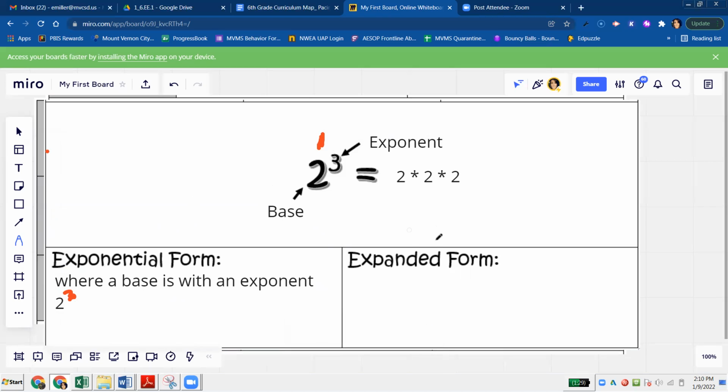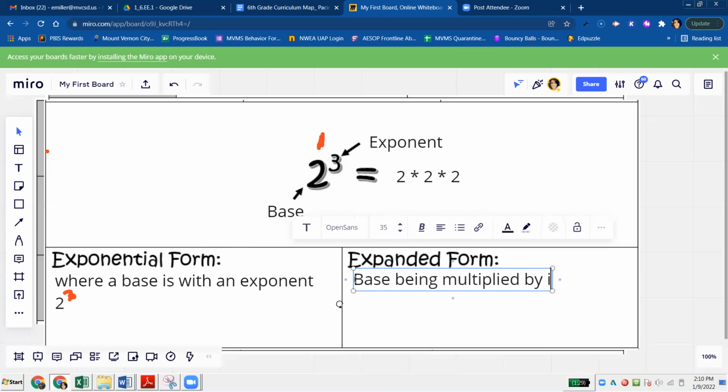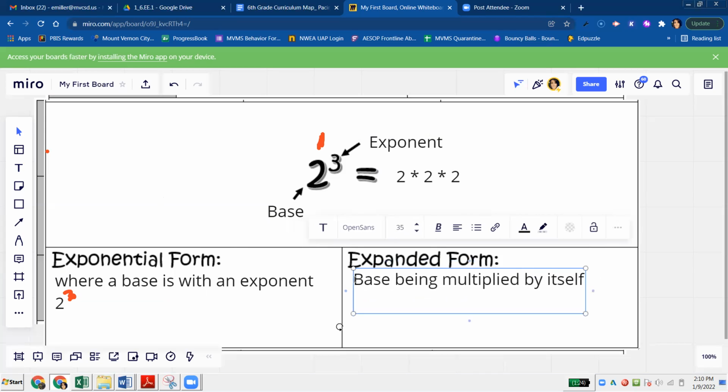The expanded form, on the other hand, is a base being multiplied by itself the number of times in the exponent.